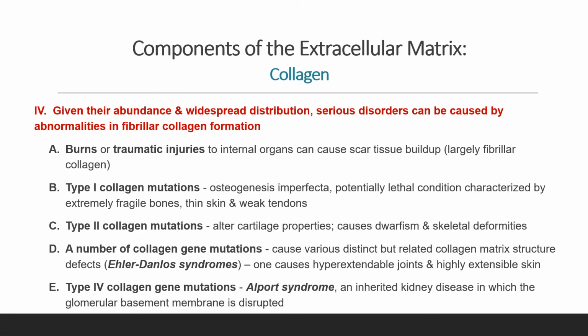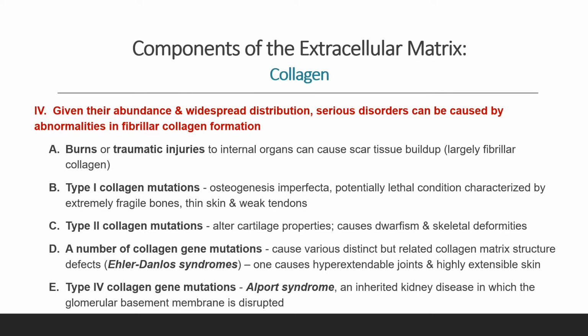So, given their abundance and widespread distribution, serious disorders can be caused by abnormalities in fibrillar collagen formation. For example, if you have burns or traumatic injuries to the internal organs, it can cause scar tissue buildup. So fibrillar collagen is largely responsible for wound healing.